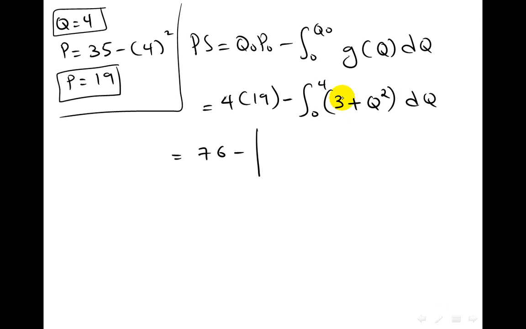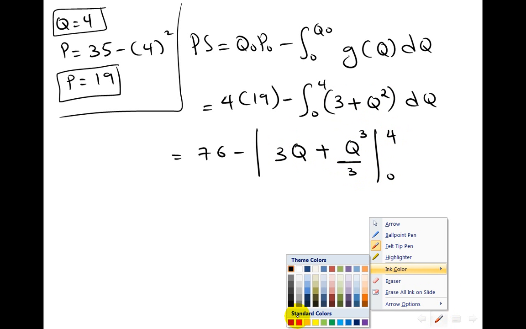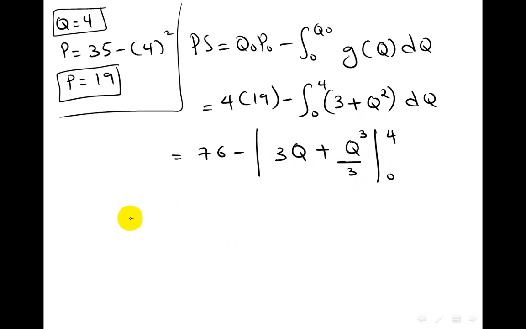let's start to integrate here. 3 will become 3q plus q squared will become q cubed over 3. I hope you are already familiar with this. Now I'll start to substitute the numbers. First thing, let's work on 3q. It will be 3 times q, which is 4, minus 3 times the other number, which is 0, minus, oh no, in between you have a plus.